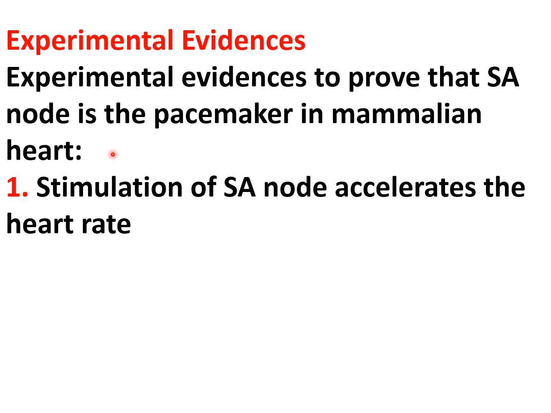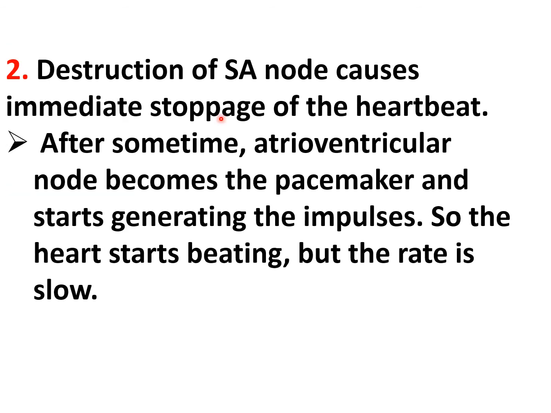Then what are the experimental evidences to prove that the SA node is the pacemaker in the mammalian heart? First of all, stimulation of the SA node increases the heart rate. Then destruction of the SA node causes an immediate stoppage of the heartbeat.